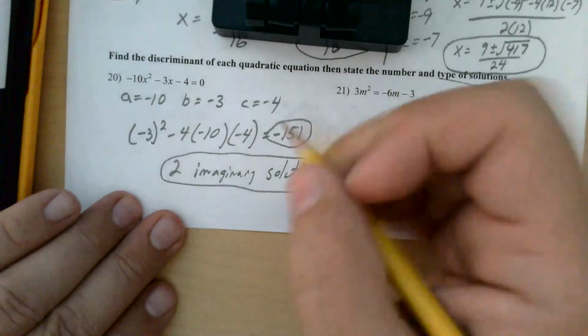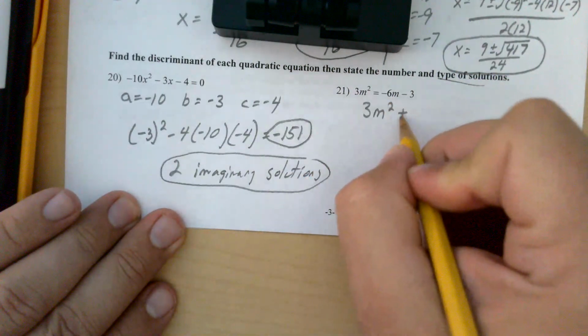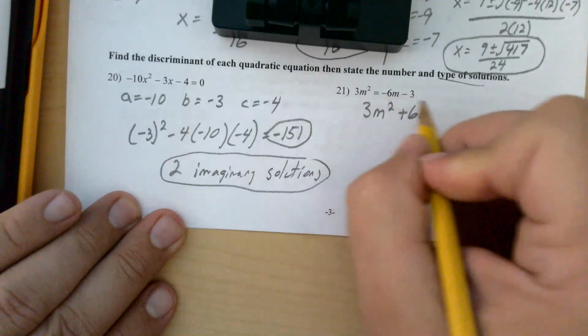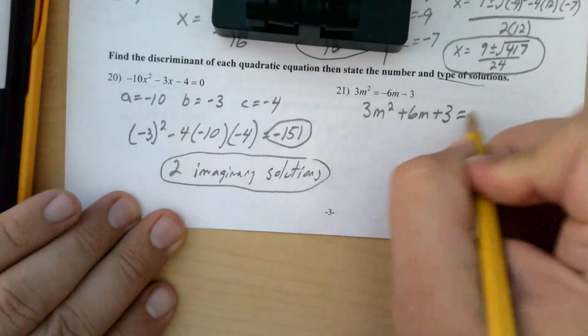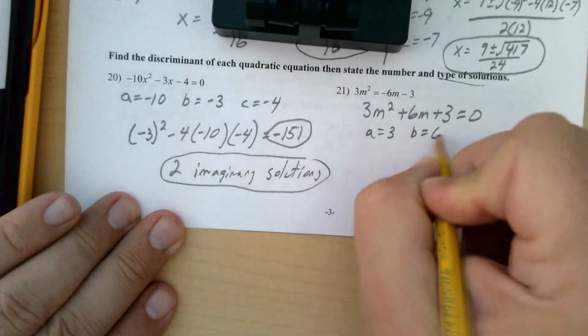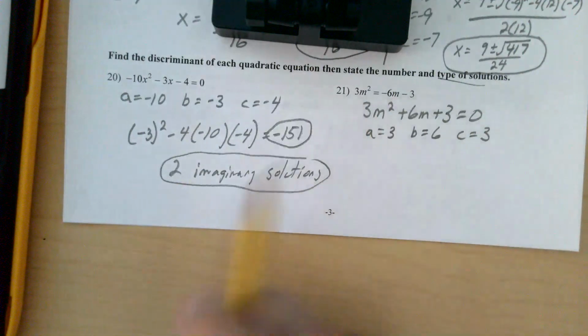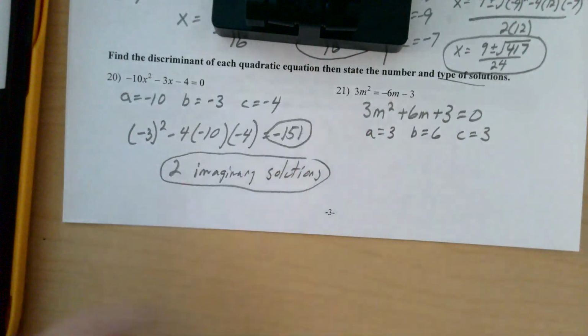Okay, this other one, I'm going to keep this positive. I'm going to add a 6m, and I'm going to add a 3. Okay, so my A is 3, my B is 6, my C is 3. If you subtracted and you have A as negative 3, you would still get the same value of your discriminant.